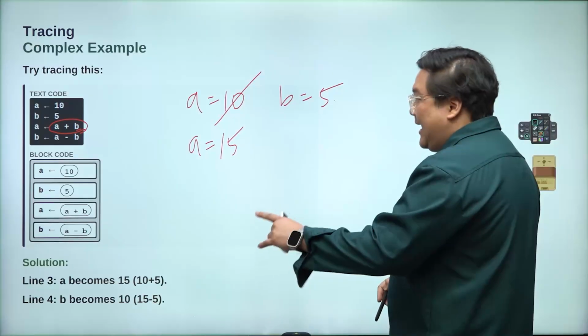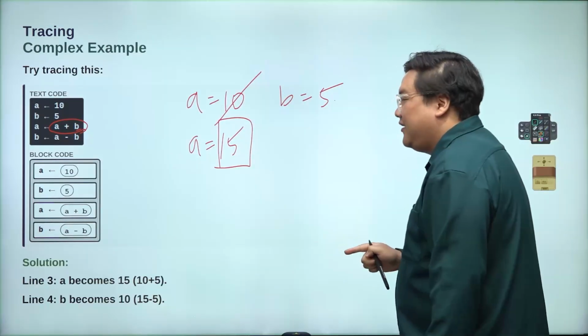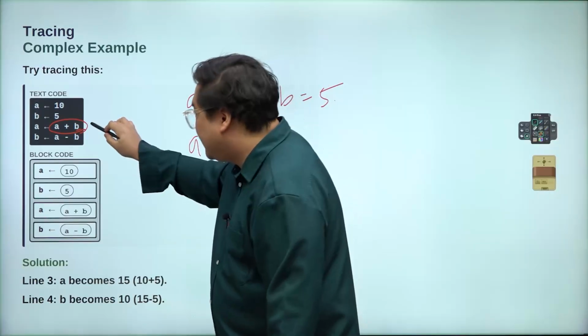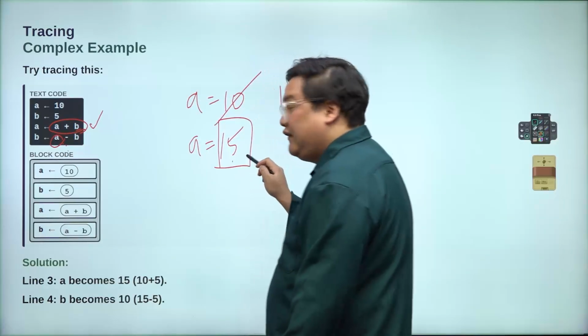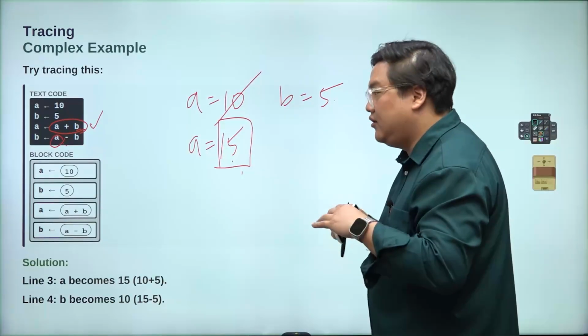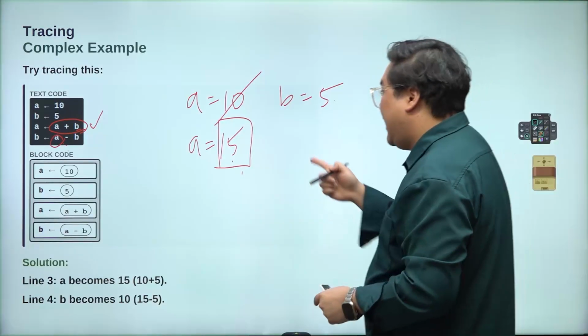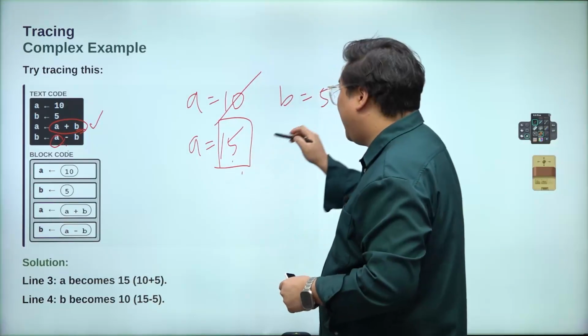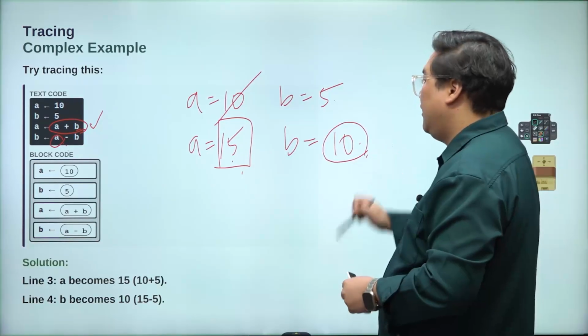And now b will use the updated value of a, because a was updated here. So here a is not 10, a is 15. So we're going down in order. We always have to use the updated values as we go down the code. So a will be 15, which means b will be 15 minus 5. So it will be 10.